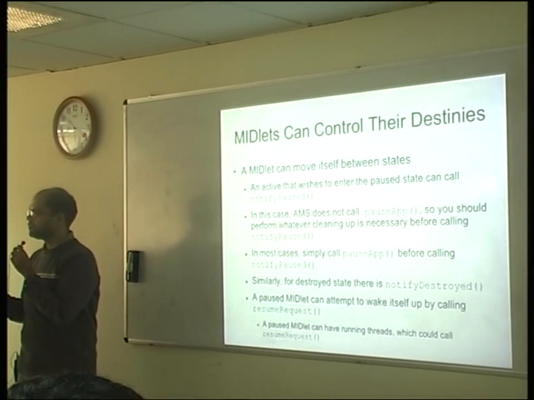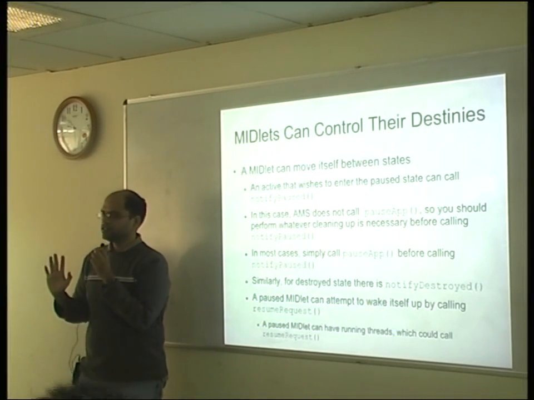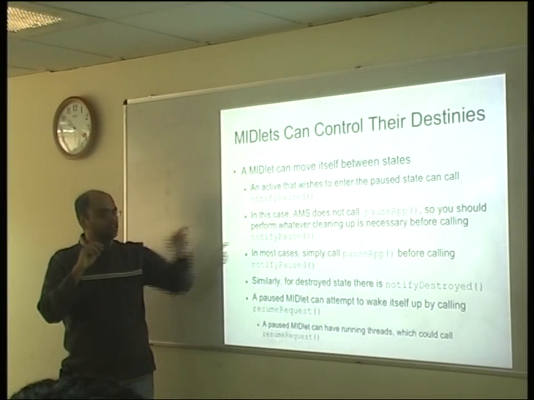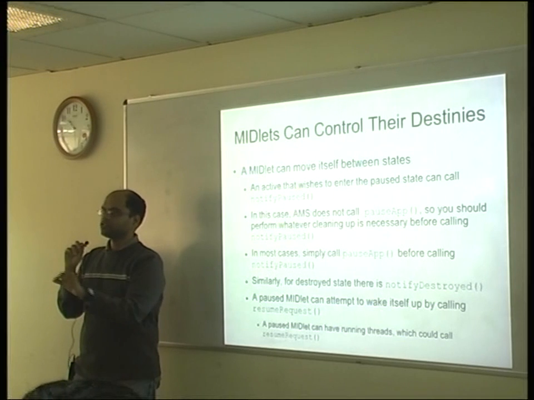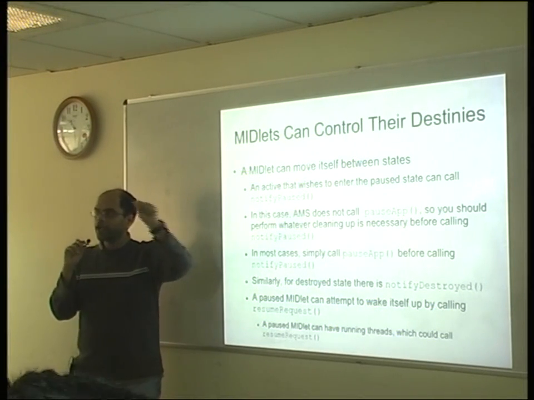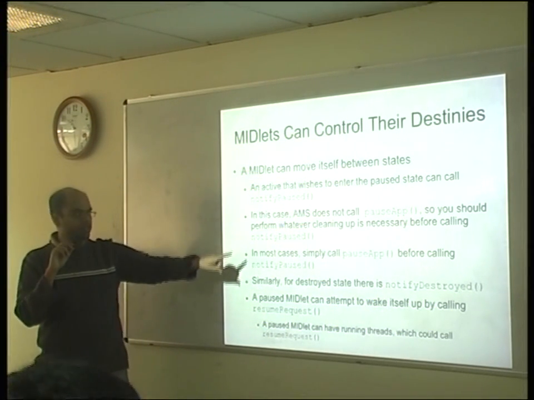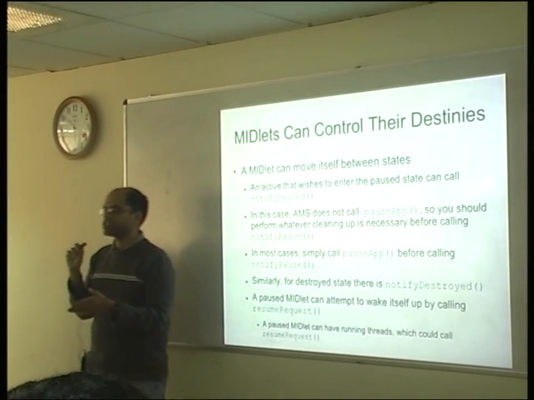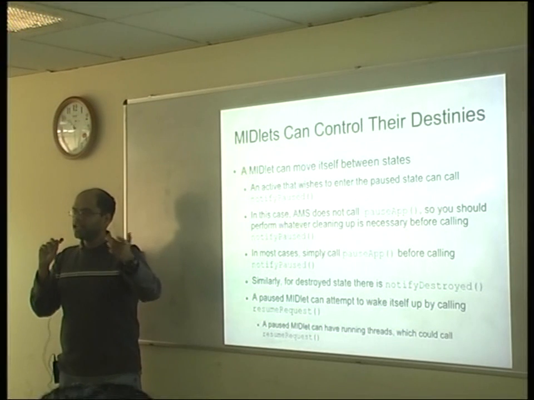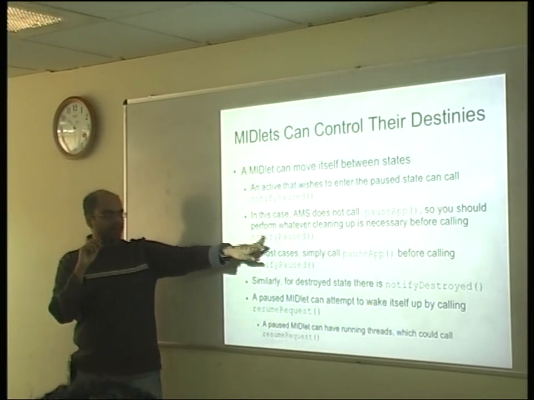Is the difference clear? So what I'm saying is, not only is it all callbacks, the application can also change states, and if it wants to go from active to paused, it can do that, but it has to notify the AMS about the change. You cannot just change the state on your own. So you tell the AMS that I want to be paused, and it will immediately be paused.